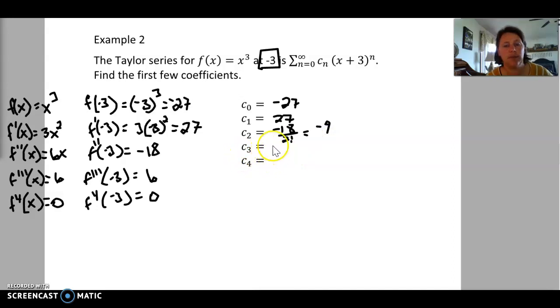Then c sub 3 is going to be 6 over 3 factorial, which is equal to 6 divided by 6, which is 1. And then c sub 4 is going to equal 0, which would normally be 0 over 4 factorial, which is still going to just be 0.